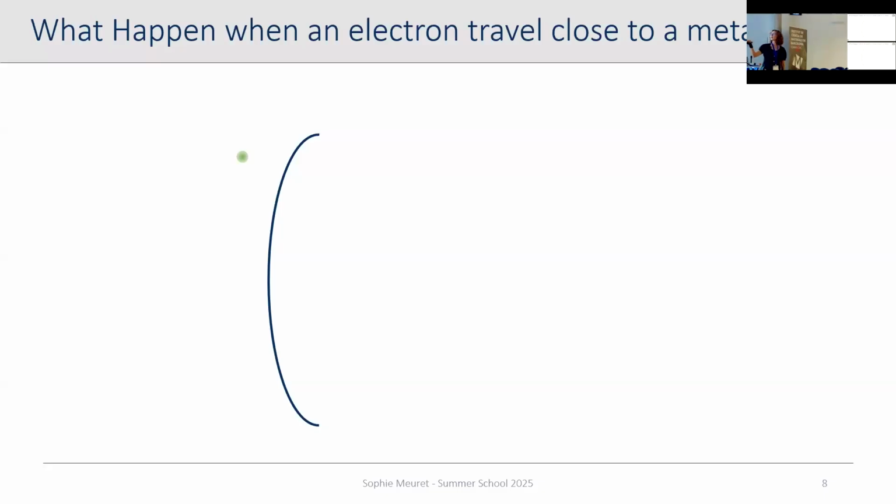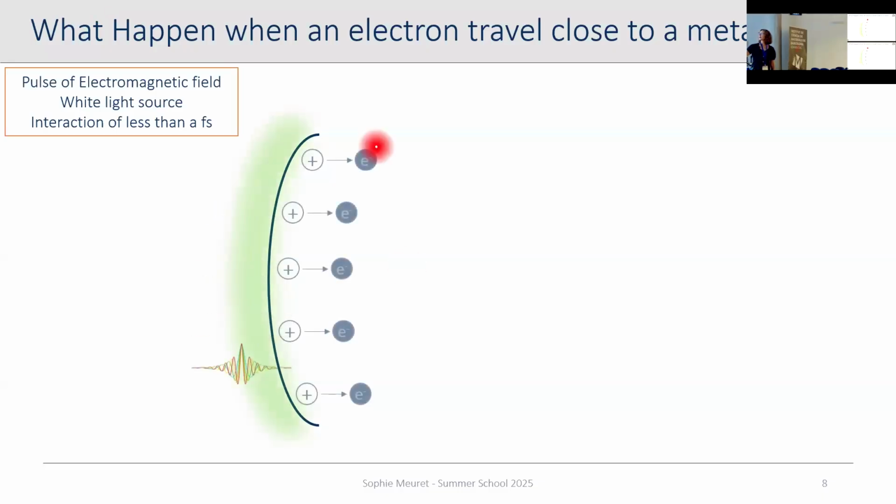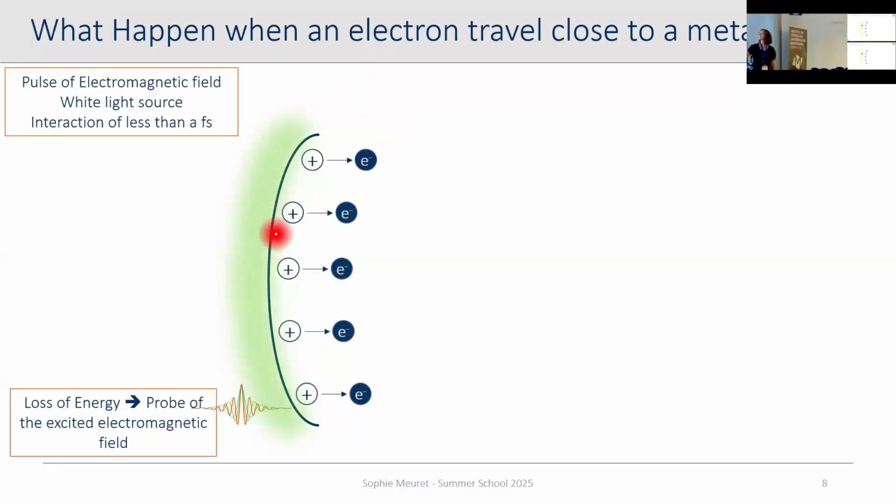So it's like having a white light going really close to your sample with a large evanescent field. And therefore, when you arrive close to your metallic particle, it's going to polarize your sample. And because you polarize your sample, it launches an evanescent field that your electron can feel back and lose energy.